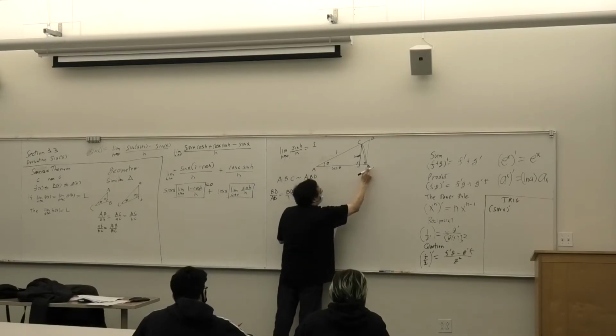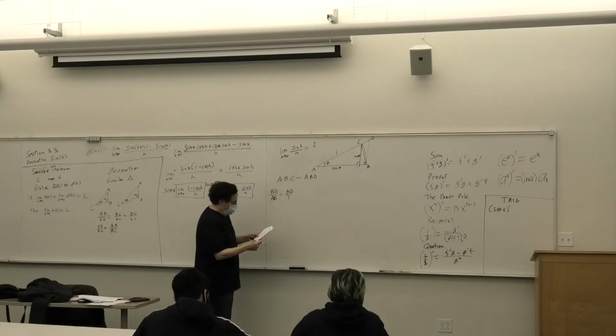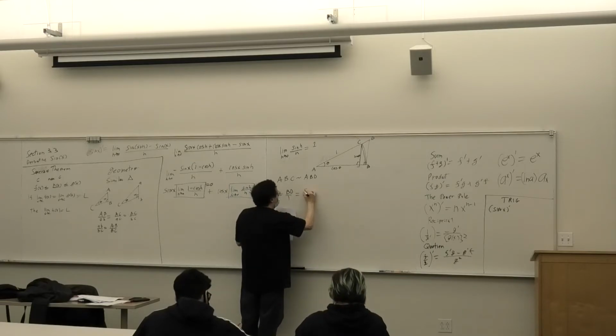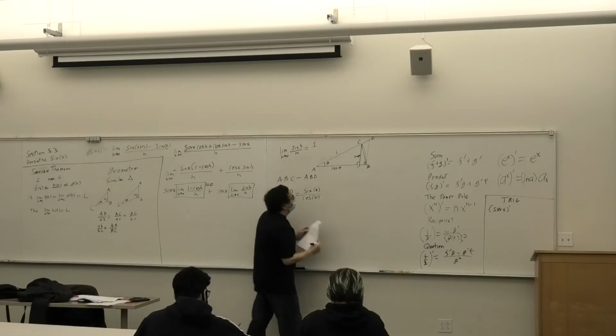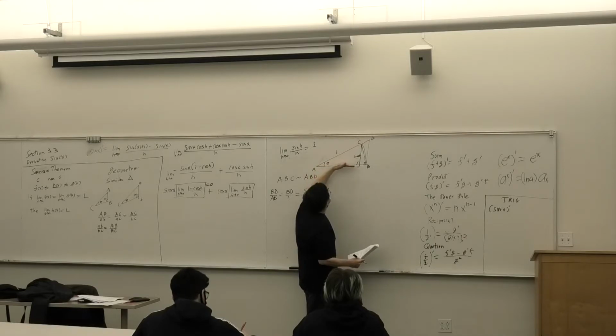Because AB is just 1, just like the hypotenuse here. So that's going to be the same as sine of theta over cosine of theta. So I'm just making a ratio between this altitude and this length.